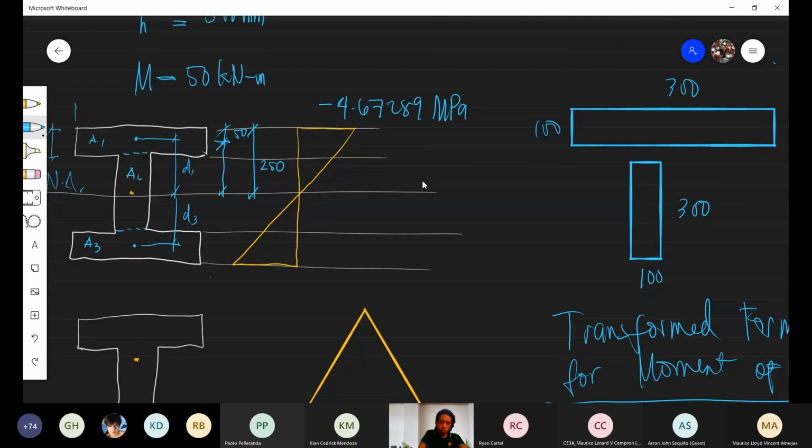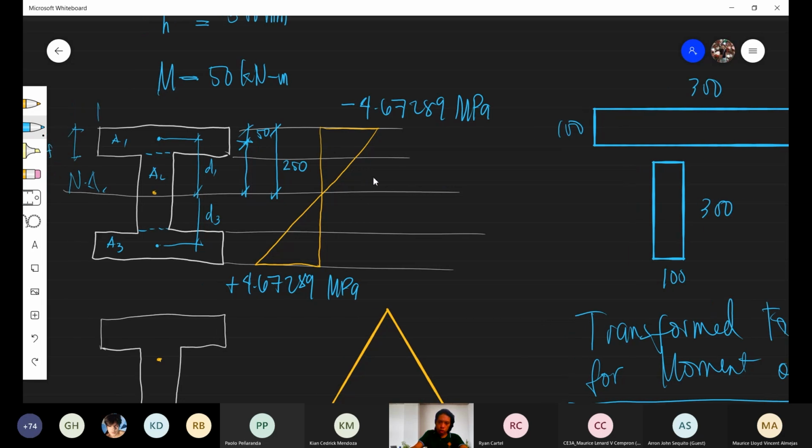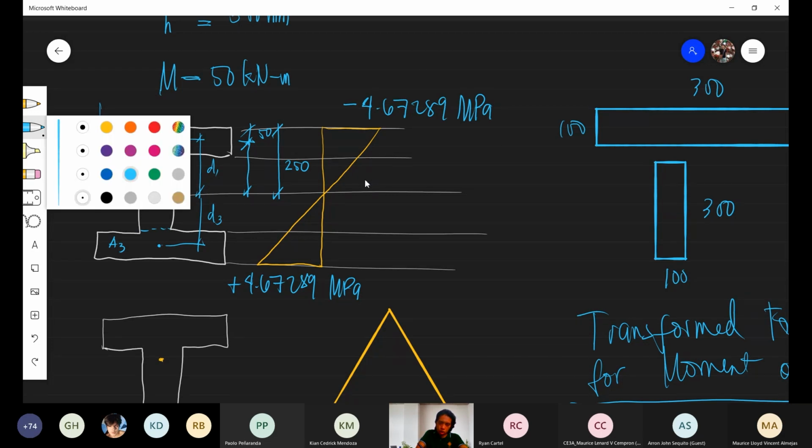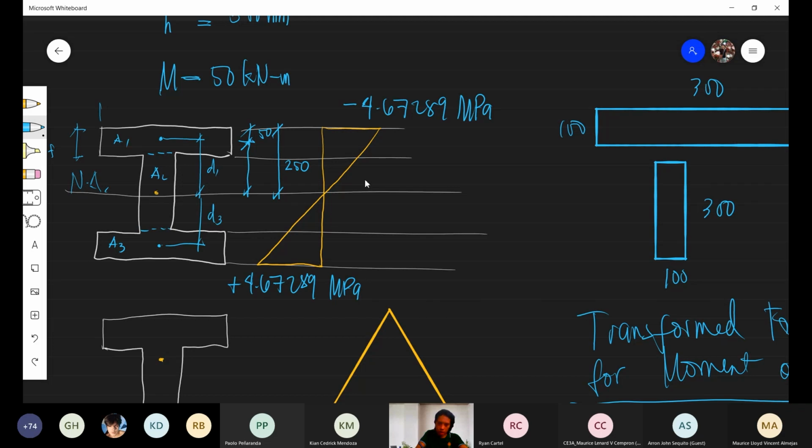Tapos sa ubos naman, positive 4.67289 megapascal. Tension, that's why positive. Meron na kita mga stresses. Aton sa solve naman nga sunod, ang mga forces na nagre-represent sa iya.